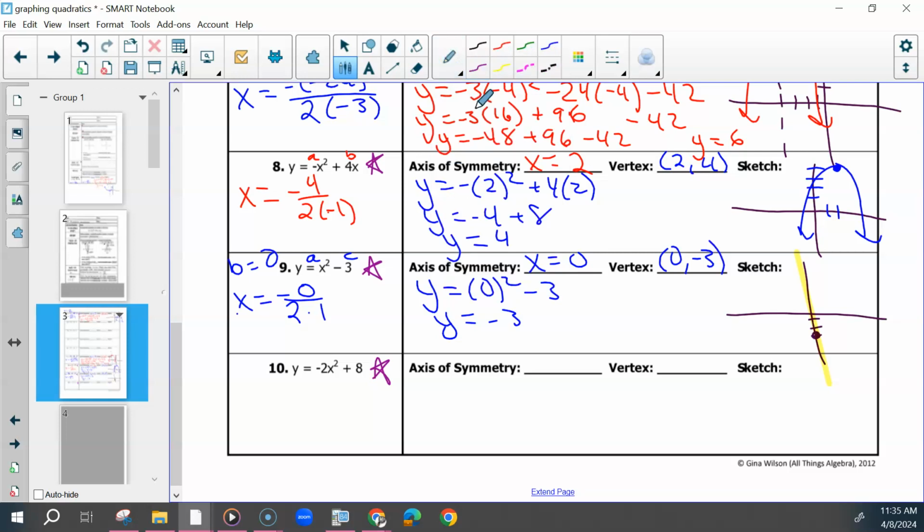And then would this face up or down? Up. Any questions on how we find the axis of symmetry, the vertex, or draw at least a rough sketch? You know what direction it goes, how to graph the vertex.